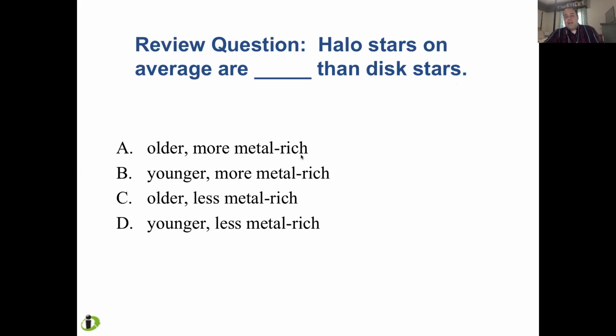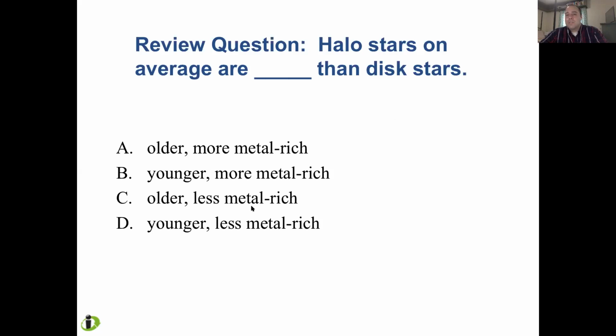On the metal rich variety, we talked about this at the end of class last time. Halo stars having formed earlier in the universe when there were fewer heavy elements around are less metal rich. And when I say metal, astronomers do not agree with chemists on this. To an astronomer, a metal is any element that is more massive than helium.